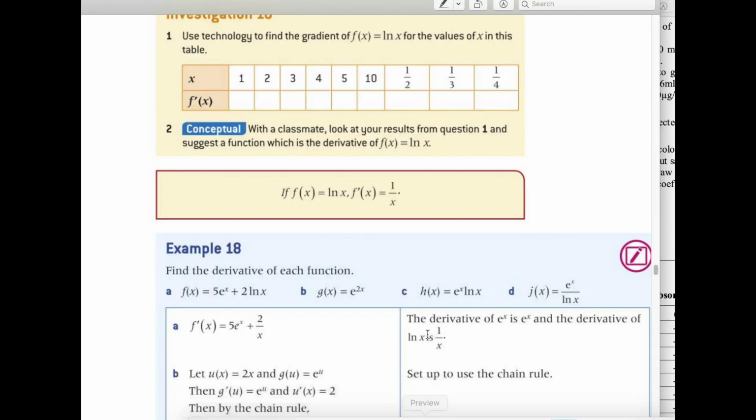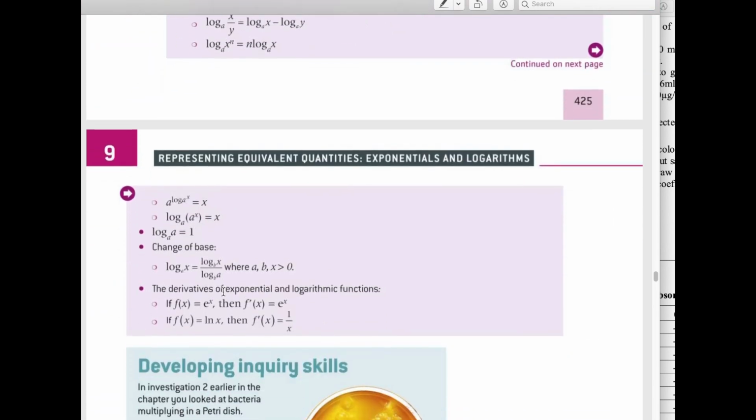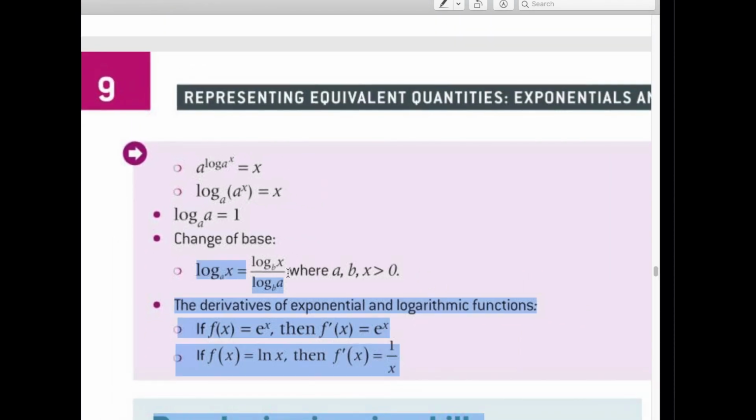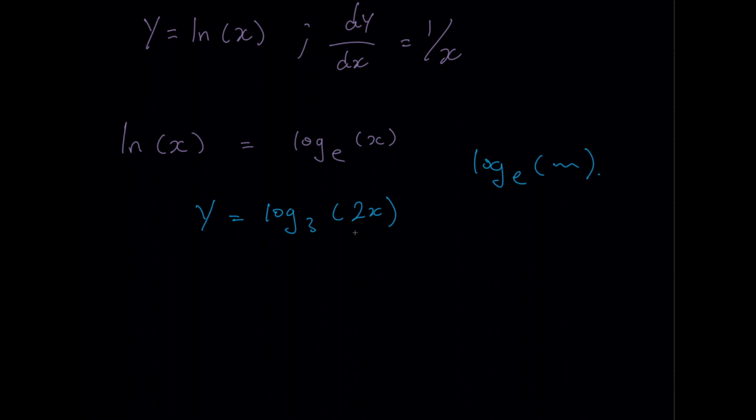Just as a reminder, I'm going to pull up the change of base rule. It's right there. The way I remember it is, you take the big thing and put it on top, and the small thing goes in the bottom. So if we change the base to e, the big thing goes on top, so log e of 2x.